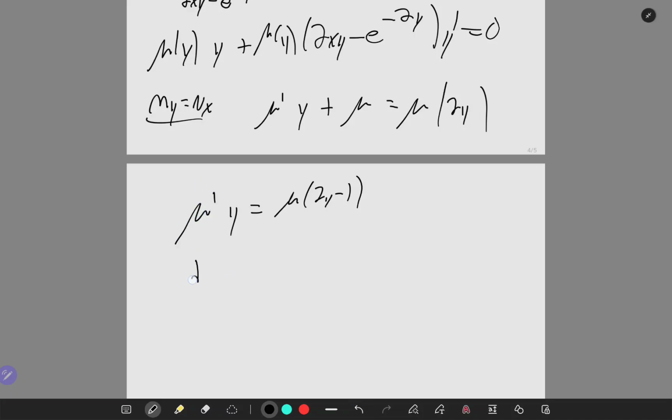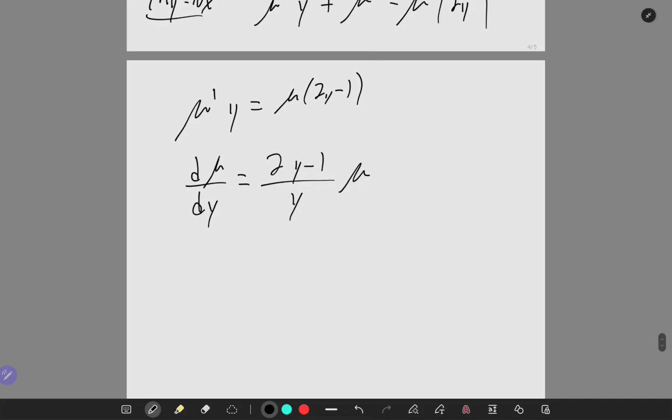So I'm going to go right ahead and do this. d mu dy, this time it's d mu dy, is equal to 2y minus 1 over y times mu. Separate.